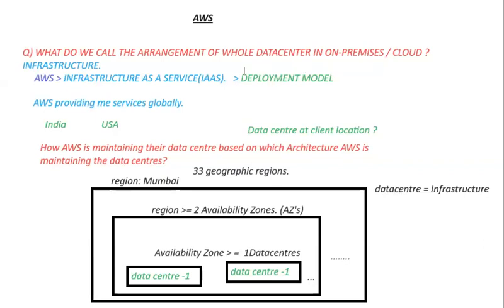Now, since my client is from USA, I need to choose a region which is present in USA and pick an availability zone. I can only pick the availability zone. I cannot pick which data center and which server I need to use. I can pick the region as well as the availability zone.